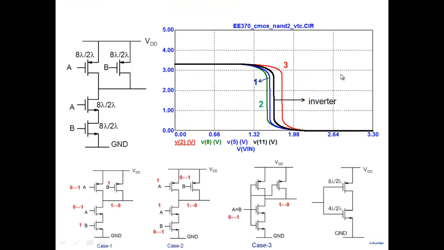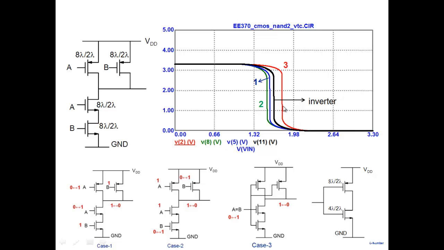So an approximate value for the threshold voltage here we can obtain by replacing these two series transistors with a single transistor of the same size, 4 lambda by 2 lambda. So NMOS remains the same, and the two PMOSs are replaced by 16 lambda by 2 lambda. We'll put that in our expression, and you'll get a value for the threshold voltage at this particular point, showing how far to the right it has moved.